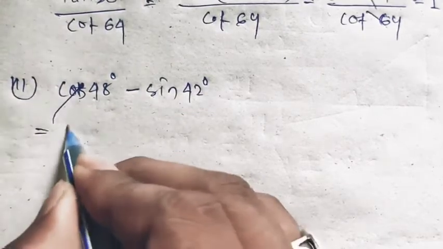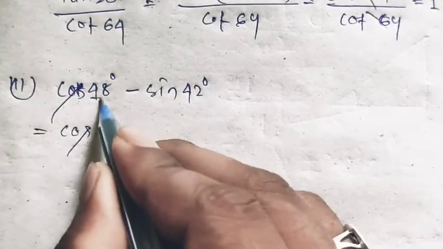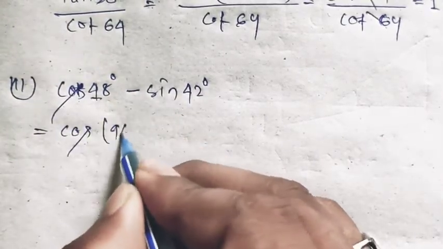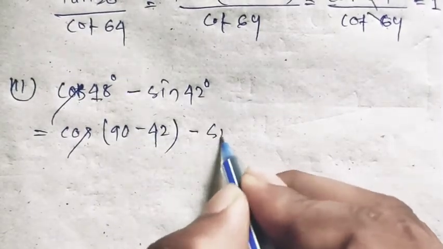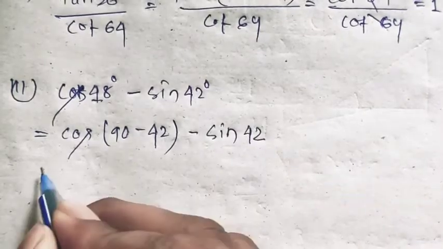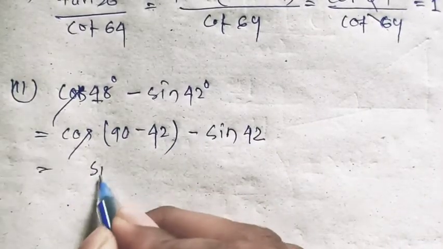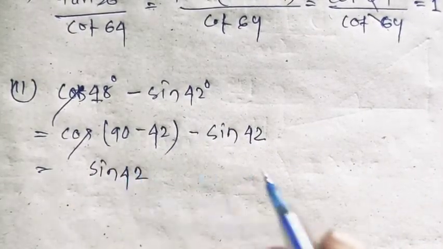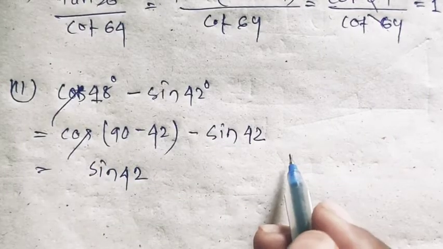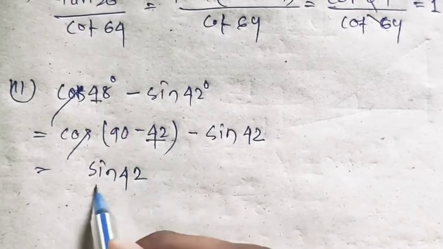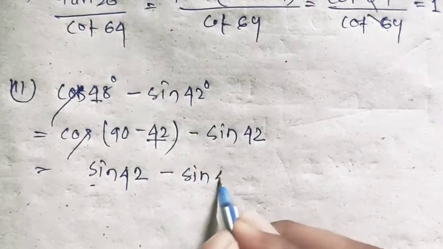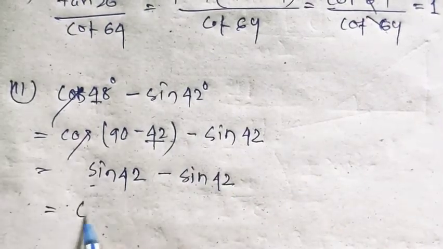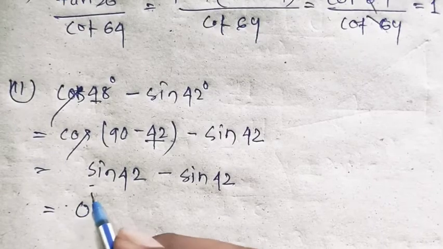Cos 48, I can write 48 as cos(90 minus 42), right, minus sin 42. So cos(90 minus 42) means sin 42, because we know that cos(90 minus theta) is equal to sin theta. So here theta is 42, so the answer will be sin 42. So sin 42 minus sin 42. So here the answer will be 0. Okay, understand?